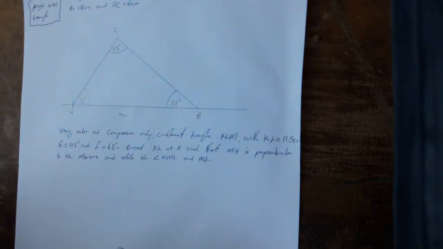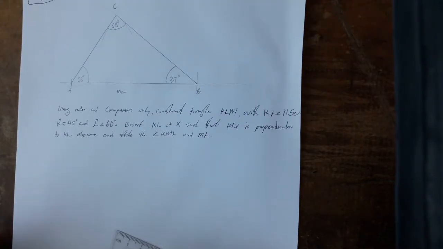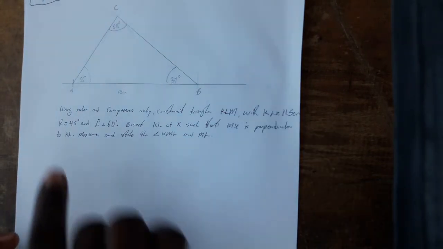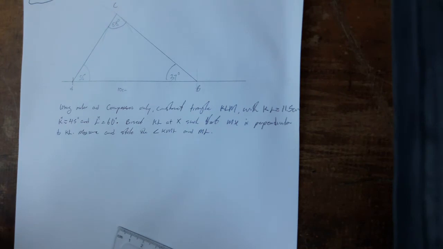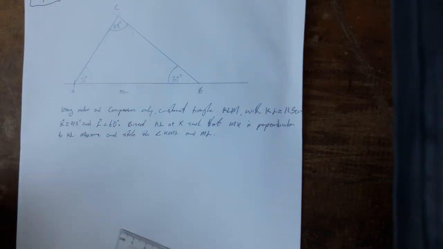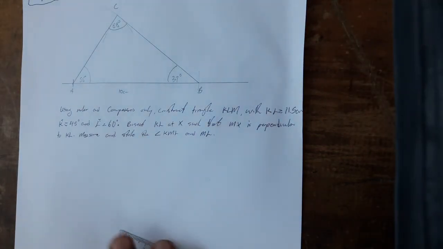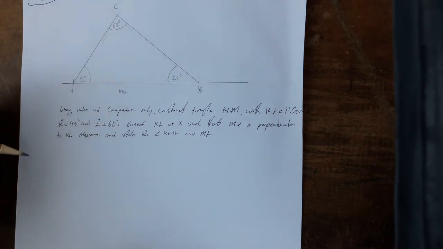What if we're asked to construct a triangle and we're given one length, 11.5, and two angles? Again, we can construct the triangle, but we should start by drawing a sketch. So let's draw our sketch. KL is the bottom there.